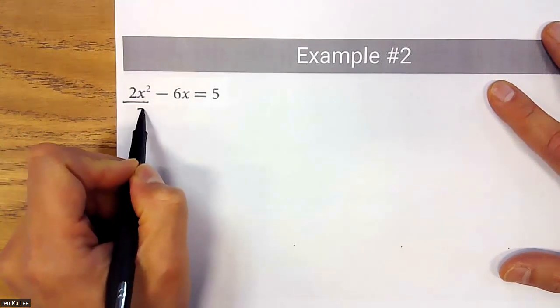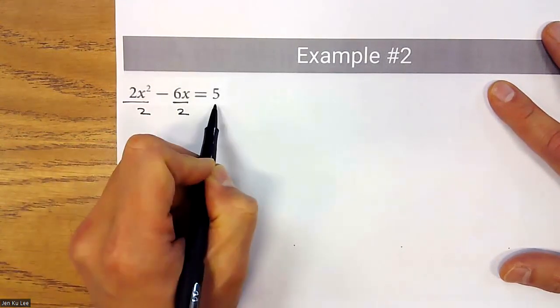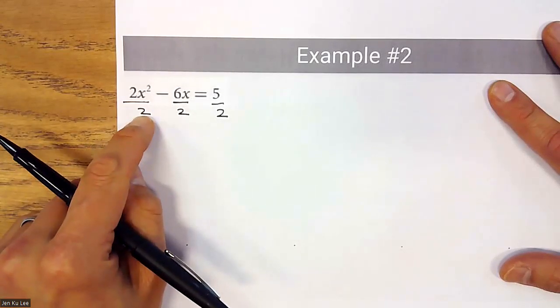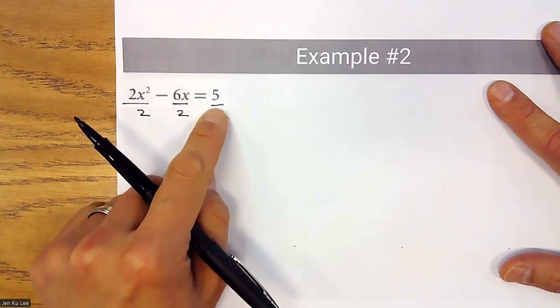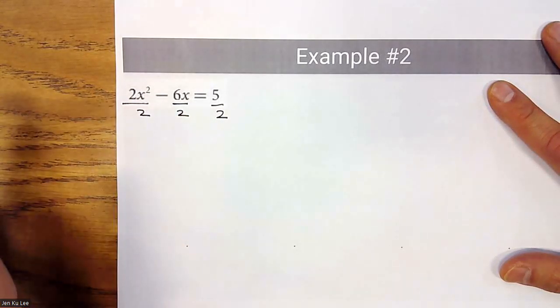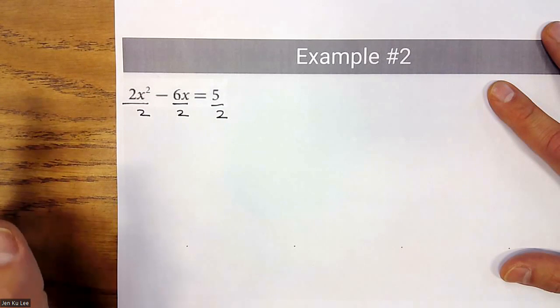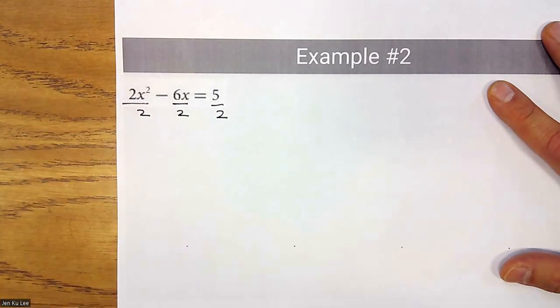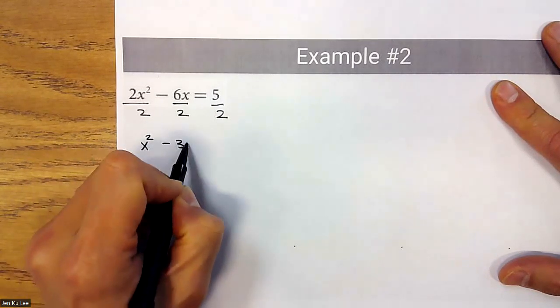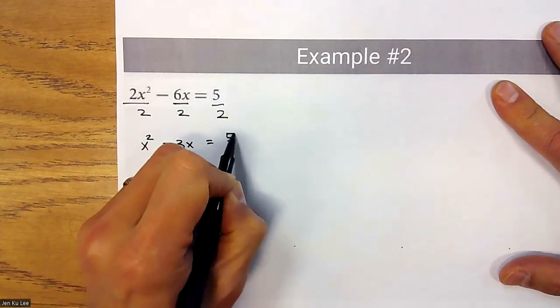I'm going to just divide everything by 2. Sometimes when you divide by this number, a fraction is going to appear. You just got to deal with it. All right? So that's x squared minus 3x equals 5 halves.